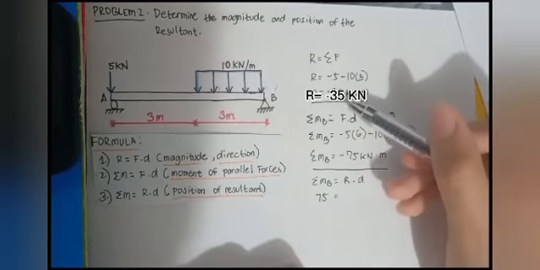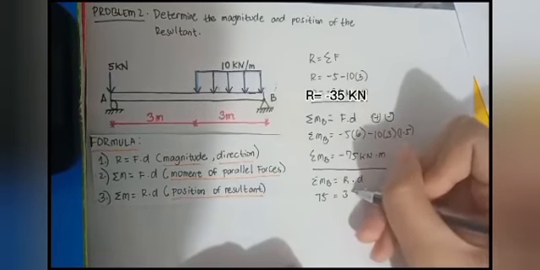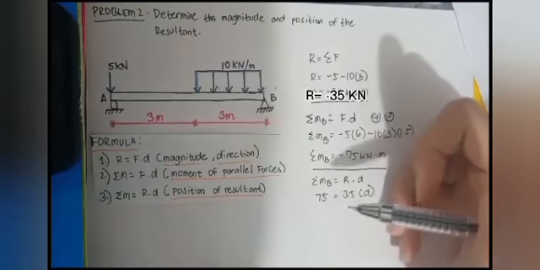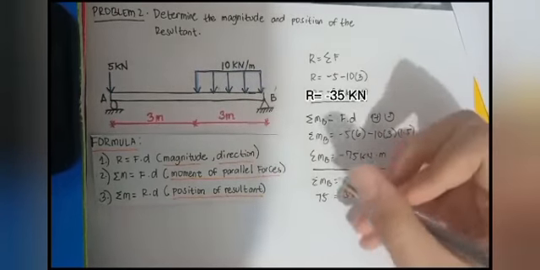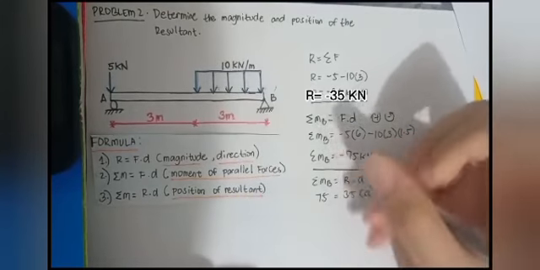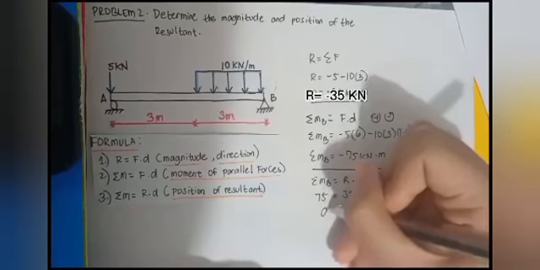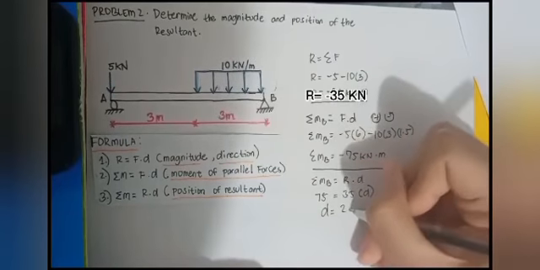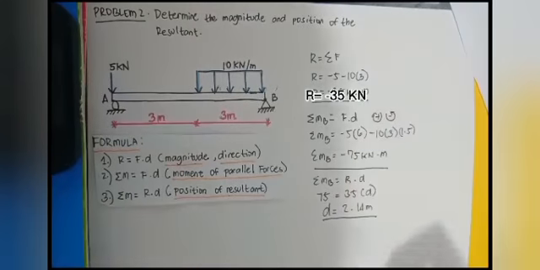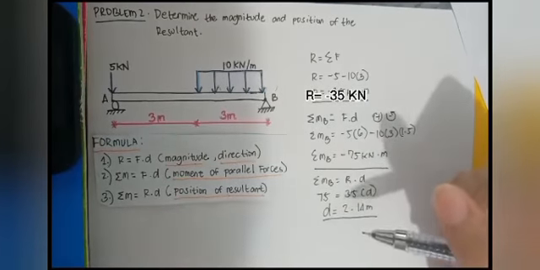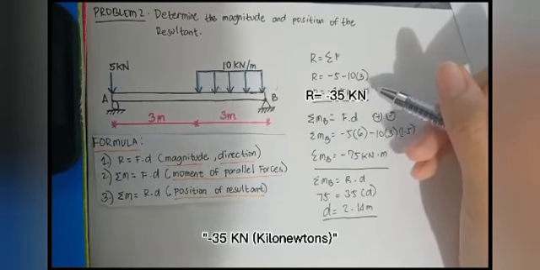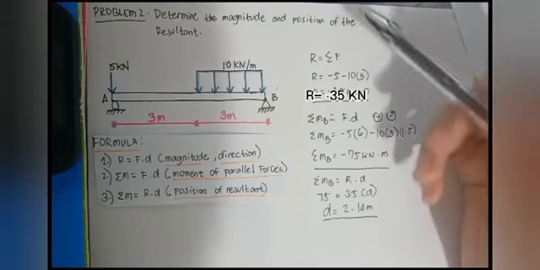Next, the resultant is 35 times D. If we put it in the calculator, the answer that will appear is 2.14 meters. So it means our resultant, which is negative 35 kilonewtons per meter, will be going down.